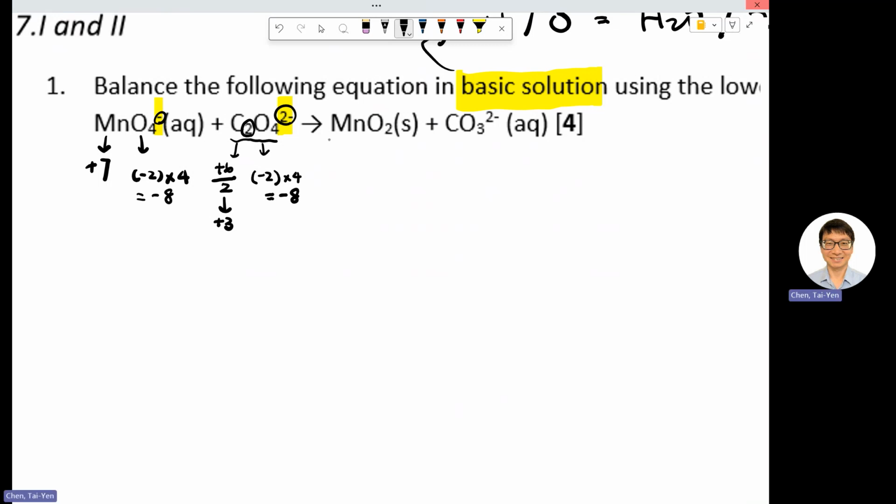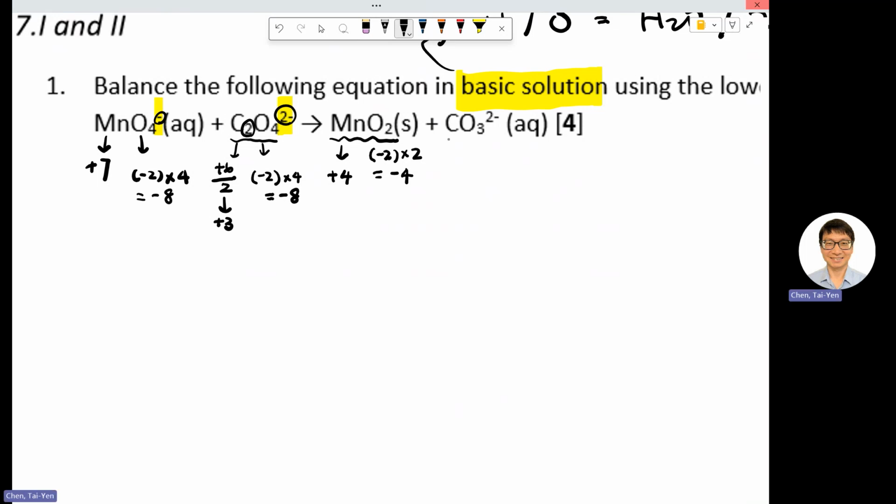The next molecule, MnO2, is a neutral species. You have 2 oxygens, and each oxygen contributes -2 charge, so this gives -4. Since the molecule is neutral, the manganese here has to be +4.